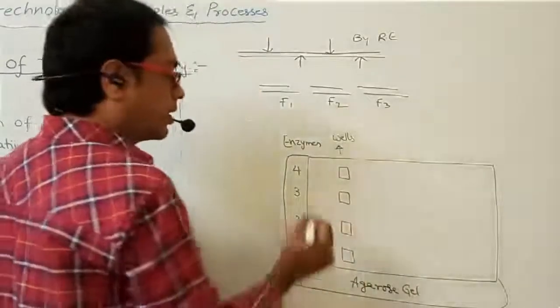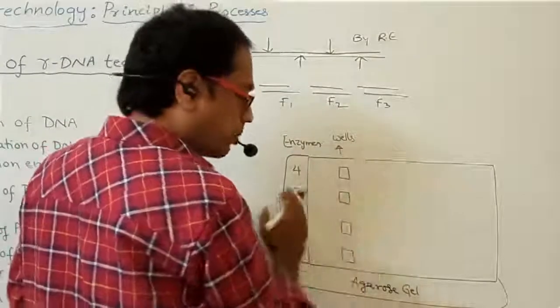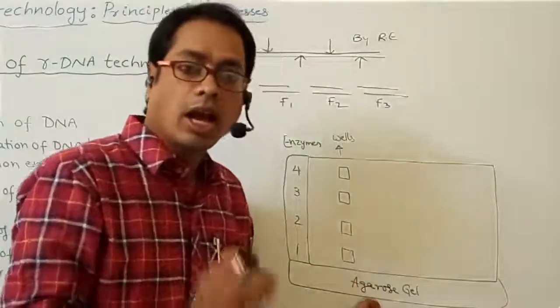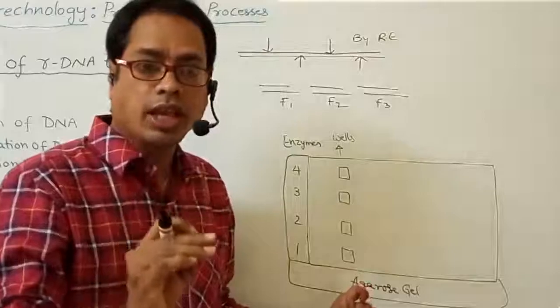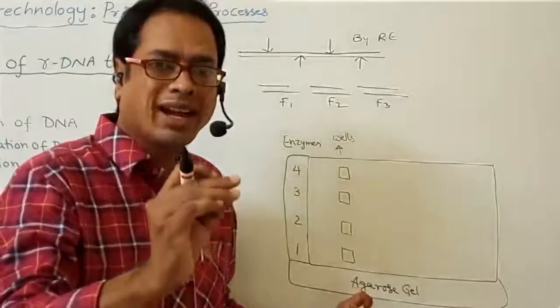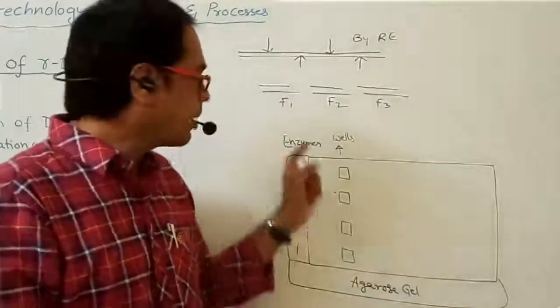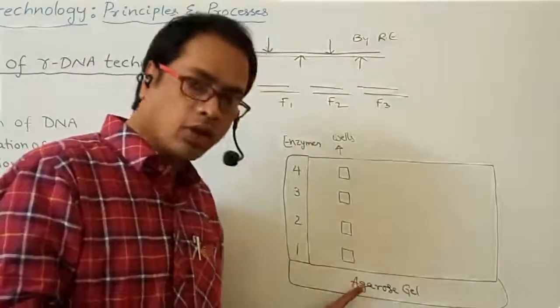Next, these DNA fragments are placed on agarose gel medium. What is agarose gel? Agarose gel is a natural matrix medium. The medium used in separation of DNA fragments is agarose gel.